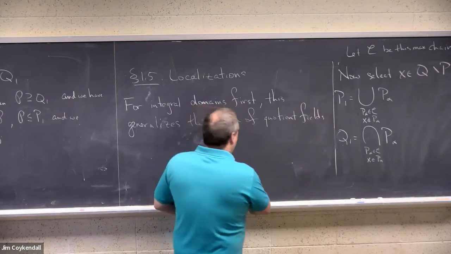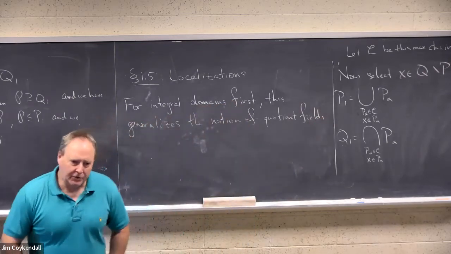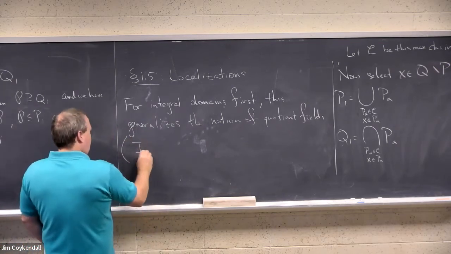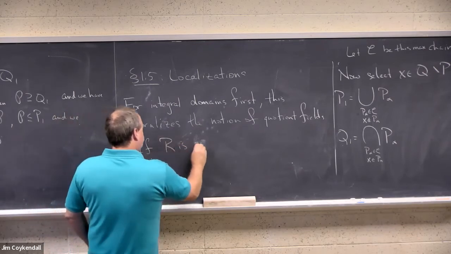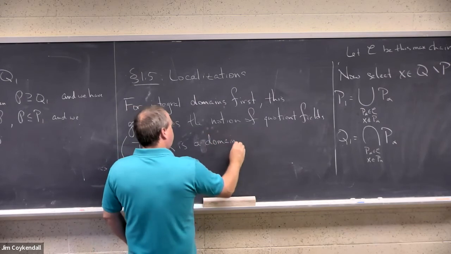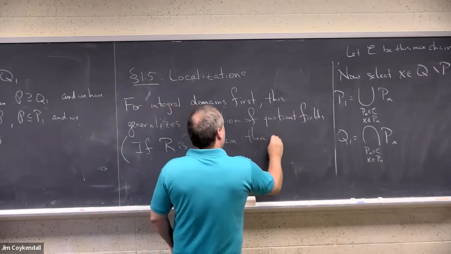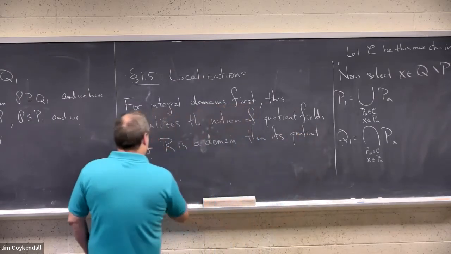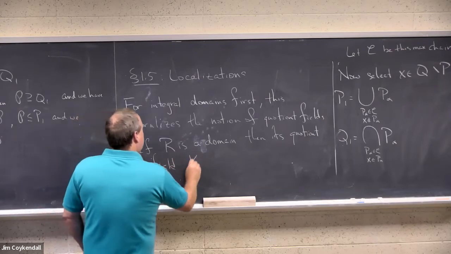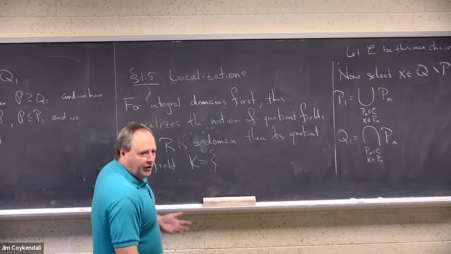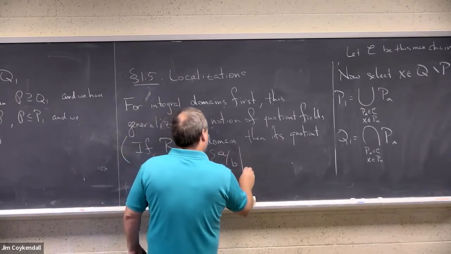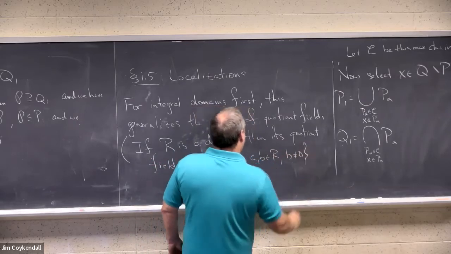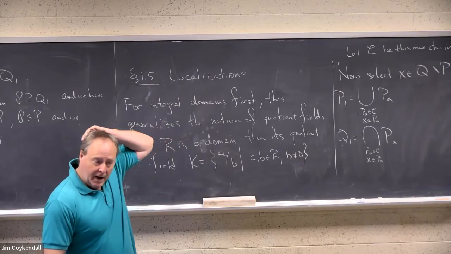Fact, quotient fields are a special case of localization. And to remind you, if R is a domain, then its quotient field K, well, this is just all the fractions you can make with a non-zero denominator, right?